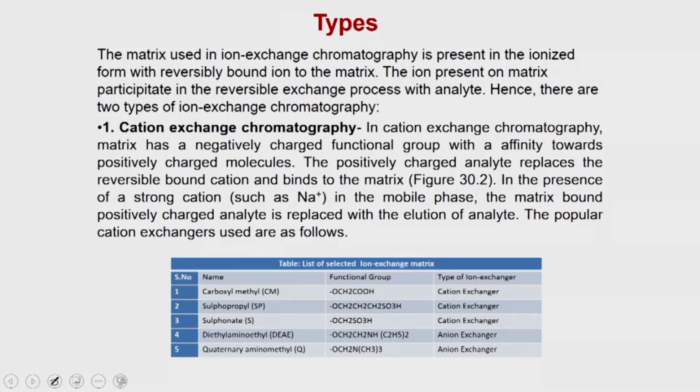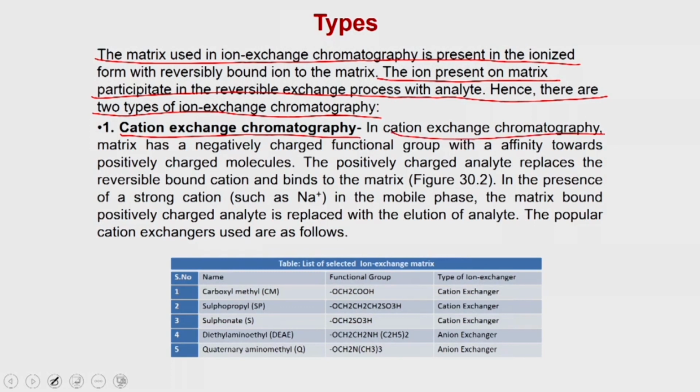The matrix used in ion exchange chromatography is ionized for reversible binding of ions to the matrix. The ion present on the matrix participates in the reversible exchange process. Hence, there are two different types of ion exchange chromatography. One is called cation exchange chromatography. In cation exchange chromatography, the matrix has a negatively charged functional group with an affinity towards positively charged molecules.